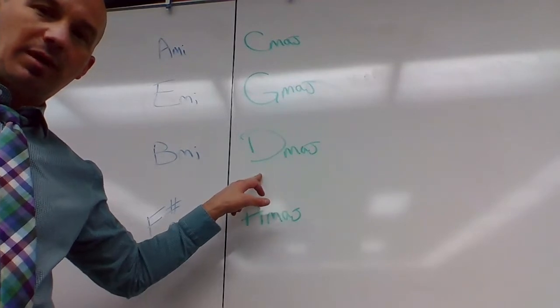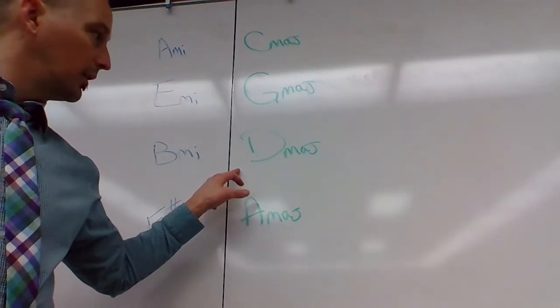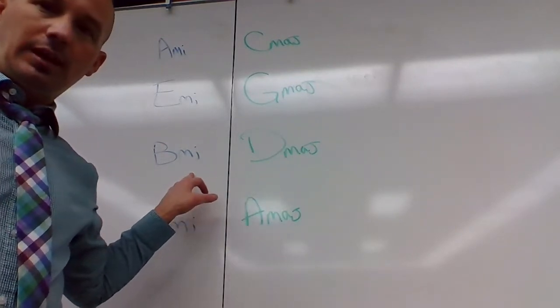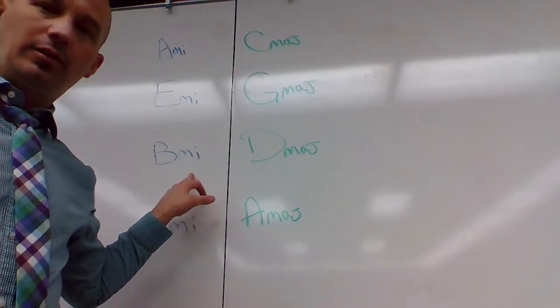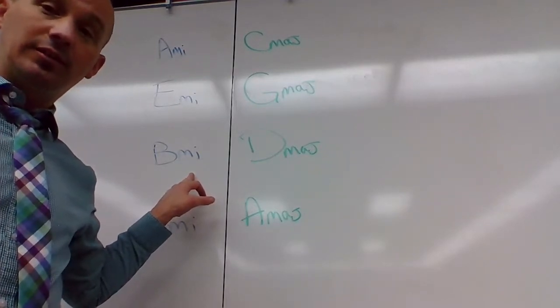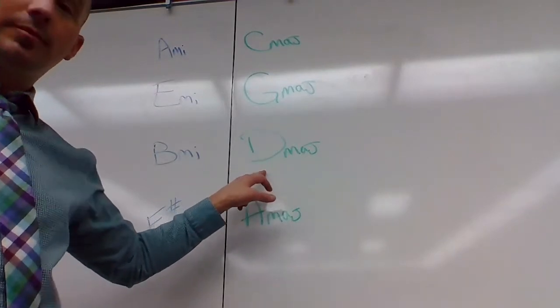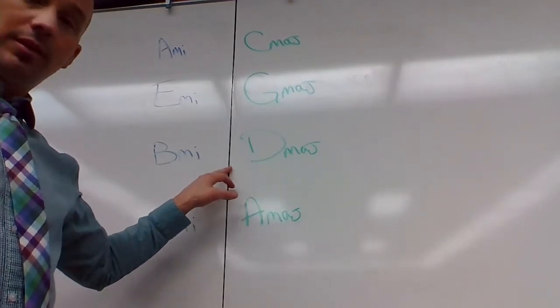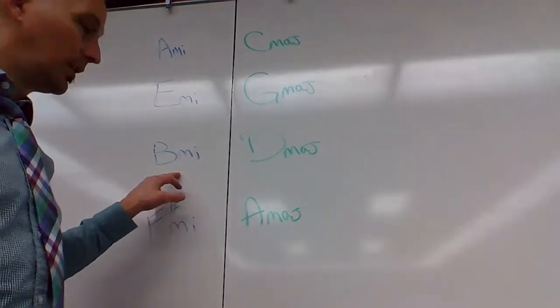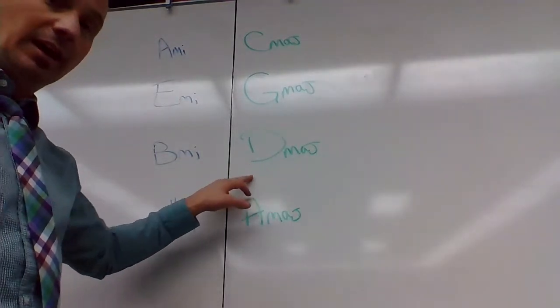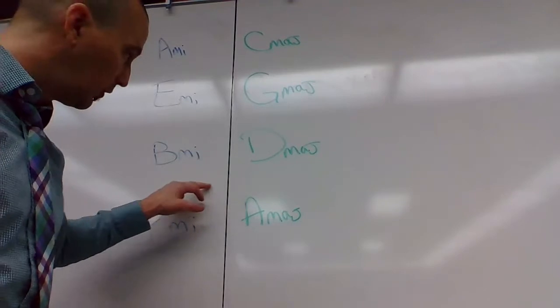Okay, so think going back a half first, and then back a whole. And that'll give you the relative minor, or the minor key that shares the key signature with the major. Okay, so you should have thought D, back to C sharp, and then a whole step to B.